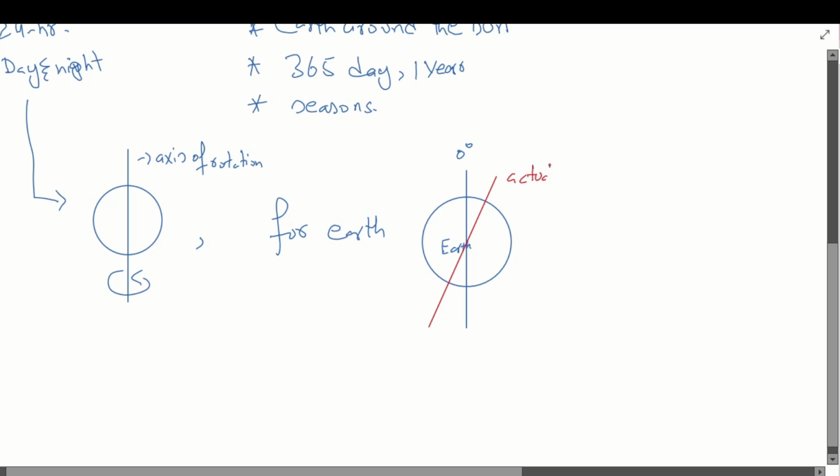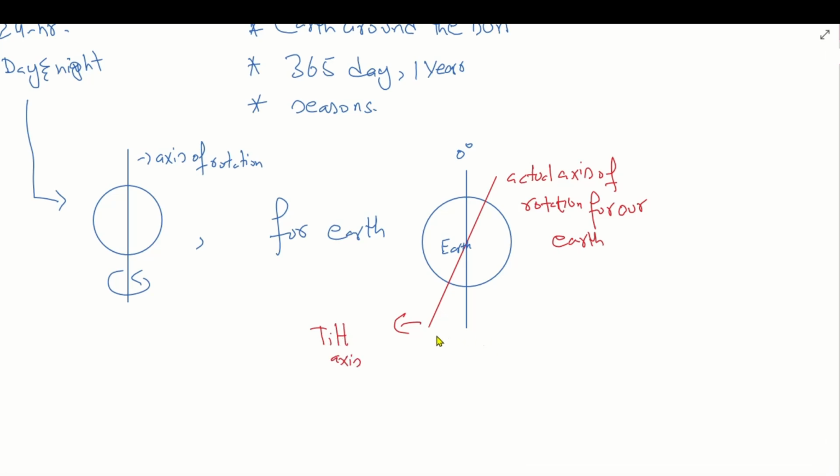So this one is the actual axis of rotation for our Earth. Our axis of rotation is not exactly perpendicular to our Earth. It has a tilted axis, so that's why we sometimes refer to it as a tilt axis. That's why if you see any decoration piece that has a revolving or spinning earth in it, you will see the earth is not exactly upright.